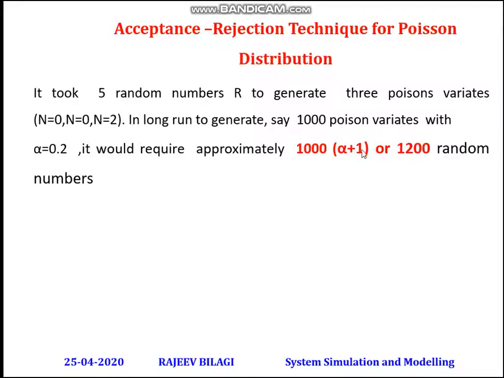Alpha is 0.2, so 1.2, then you are going to need 1200 random numbers to generate. Here you are generating 3 variates, so 3 into (0.2 plus 1), 1.2, maybe around 6 to 7 random numbers are required.